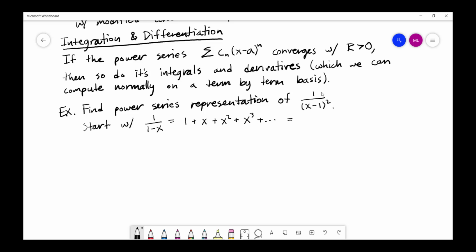We already have the generic representation. This is the sum from n equals 0 to infinity of x to the n, with the condition that the absolute value of x must be less than 1.